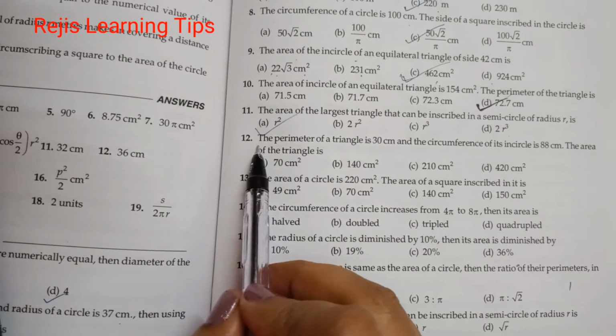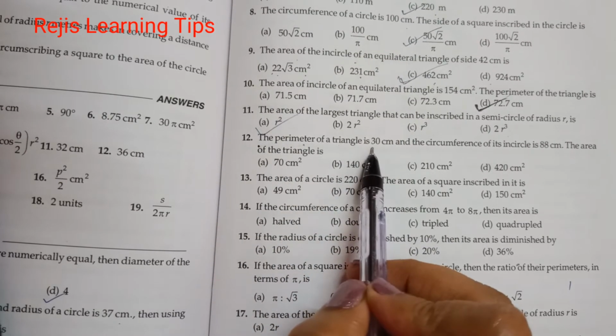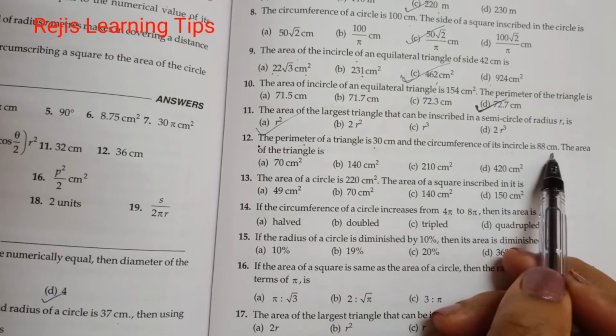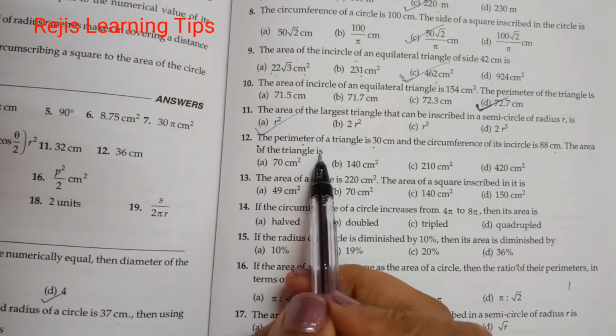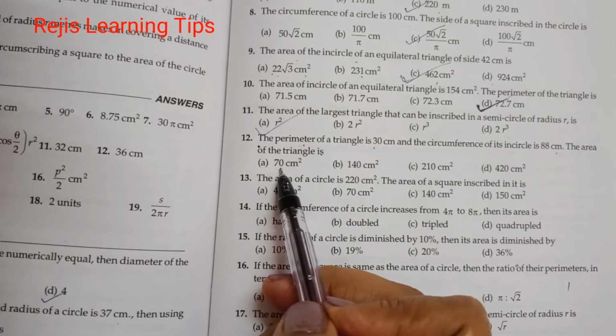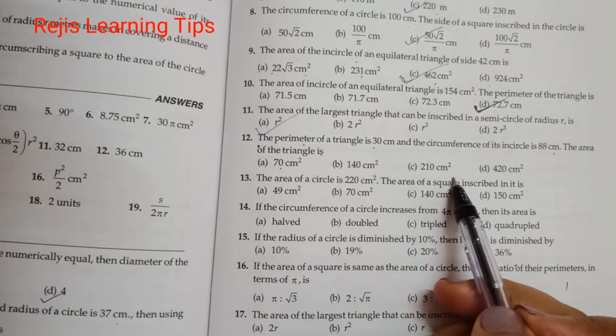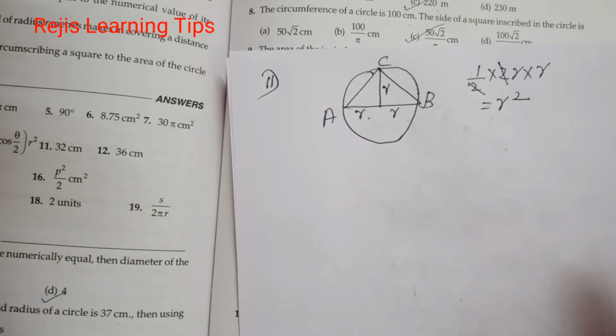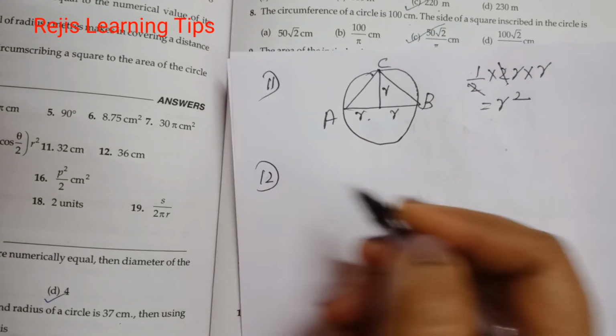Then 12th question. The perimeter of a triangle is 30 centimeter and the circumference of its incircle is 88 centimeter. Then the area of the triangle is 70 centimeter square, 140 centimeter square, 210 centimeter square, 420 centimeter square. 12th question.